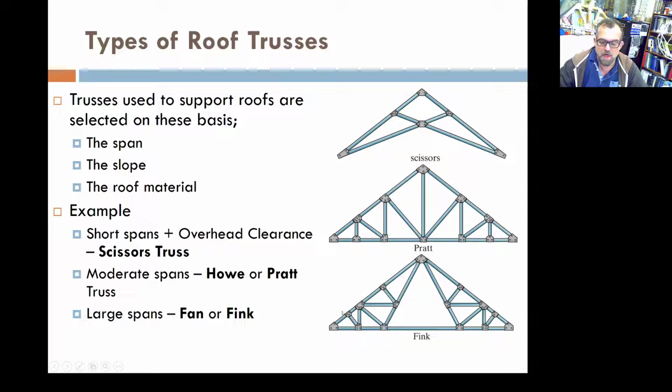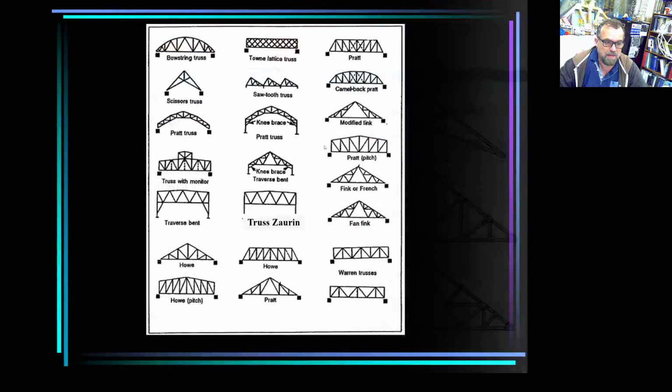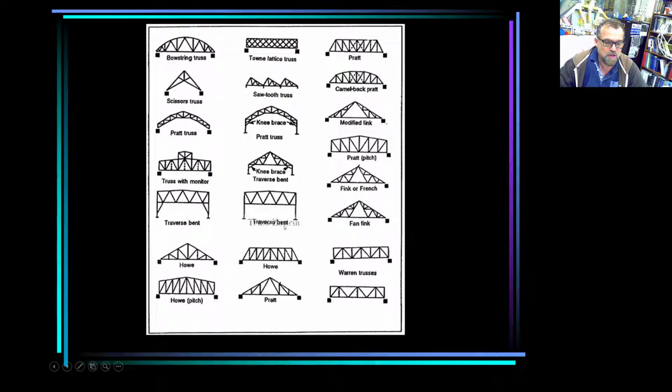And if you have a really large span, maybe you can have a Fink or a fan. I mean, there are tons of trusses everywhere. And our objective is not to do that right now. Our objective is just to introduce trusses and design trusses. This is more related to projects, and you will learn that later on probably in your career.